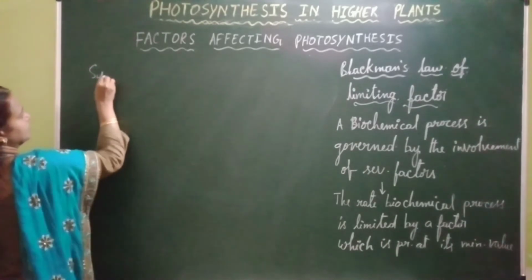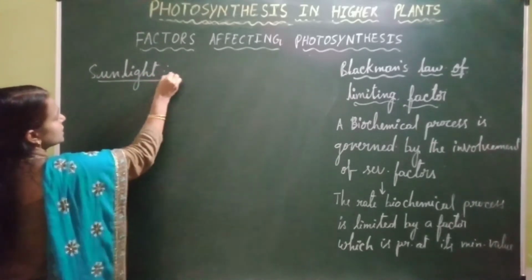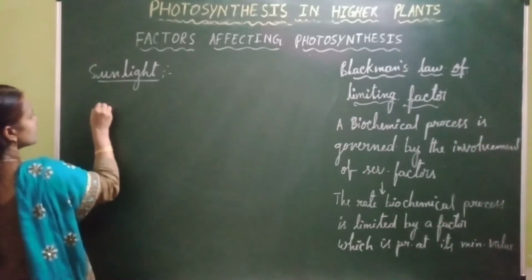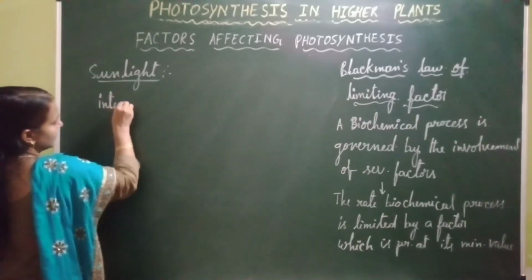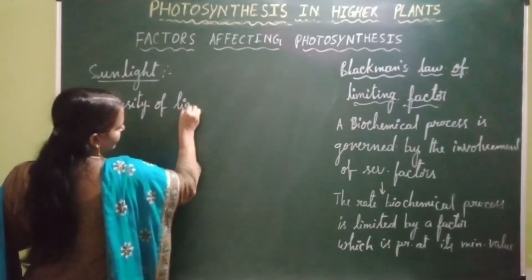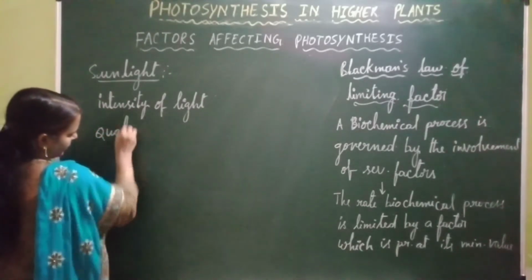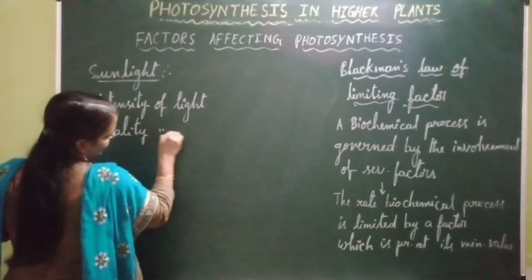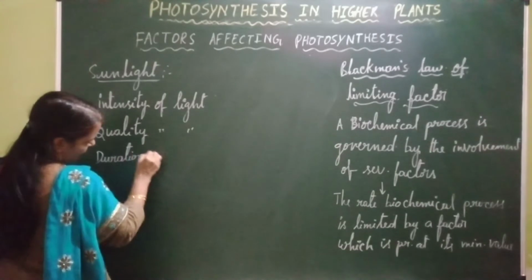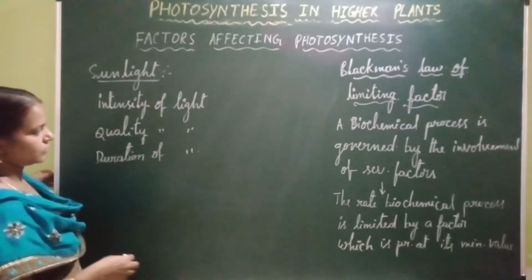When we discuss sunlight, which affects the rate of photosynthesis, we need to understand three factors: intensity of light, quality of light, and duration of sunlight.